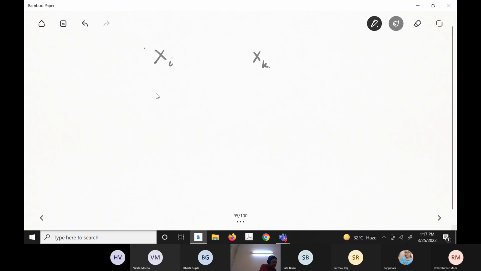Then I can get a chain, because Xi plus 1, I'll go this way, up to Xk minus 1 to Xk. Two consecutive ones, that is the idea of the chain. This has non-empty intersection, similarly this is non-empty, this is non-empty. So this is a chain. Okay, so it's a chained collection.